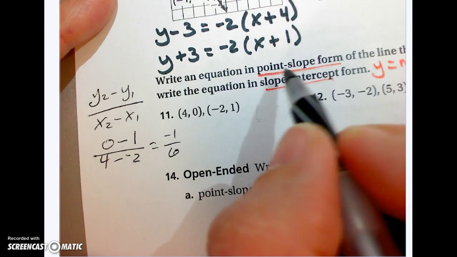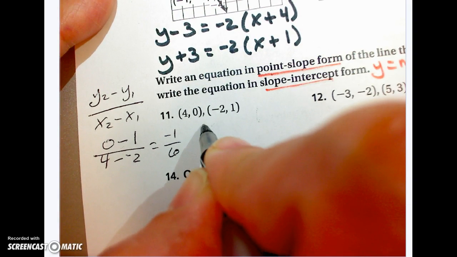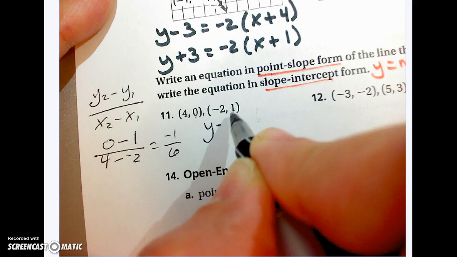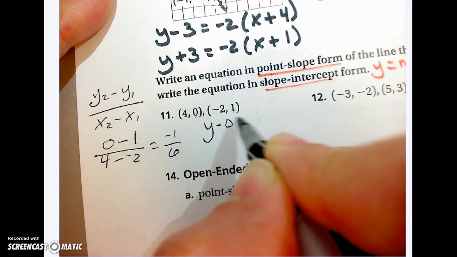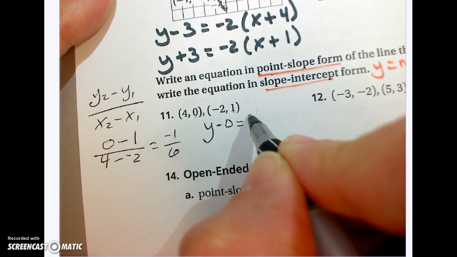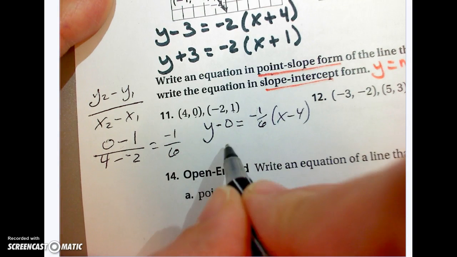So I'm going to start in point slope form. So that was today's formula for y minus, and I could use 0 or I can use 1. So if I use 0, that's just going to disappear. So there's my slope, x minus 4. And so that disappears.